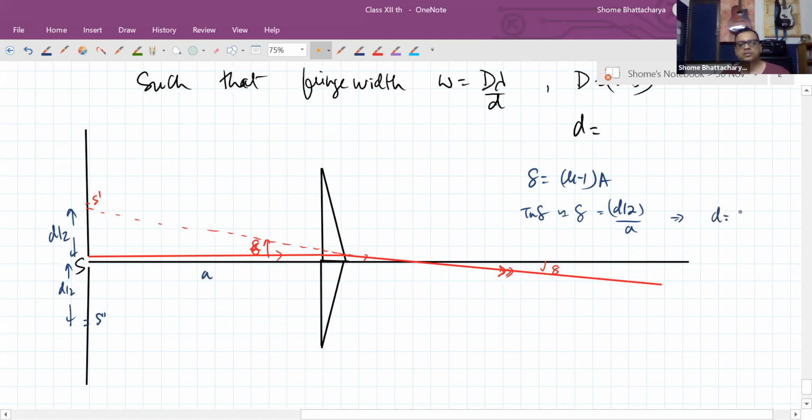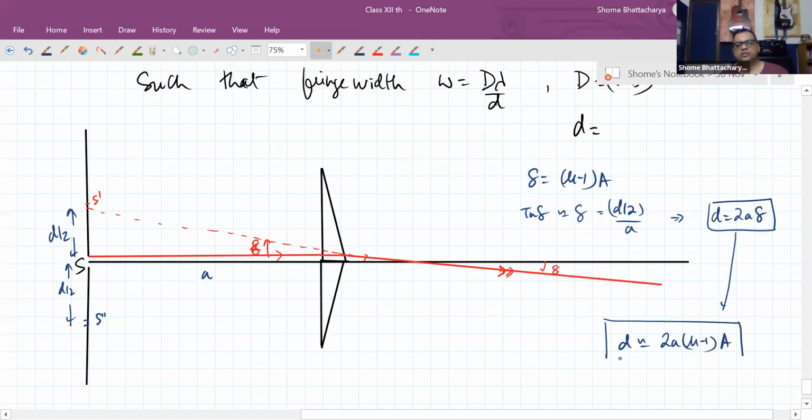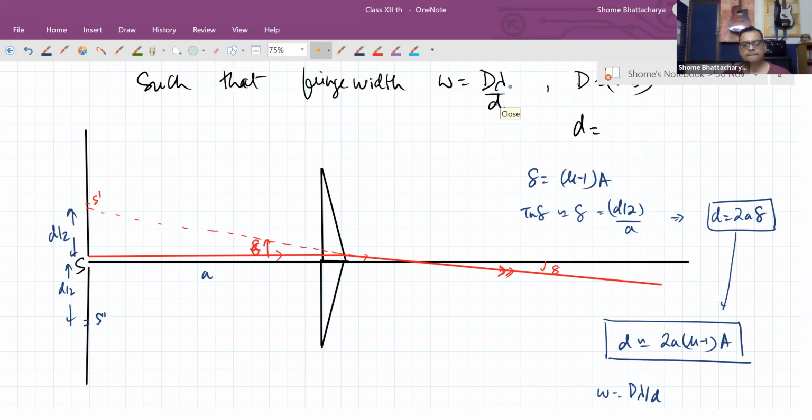So d becomes 2a delta, or d becomes nearly 2a into mu minus 1 into the angle of the prism. So from that we get the fringe width formula. Yes, Somiti, that's correct. Very good.